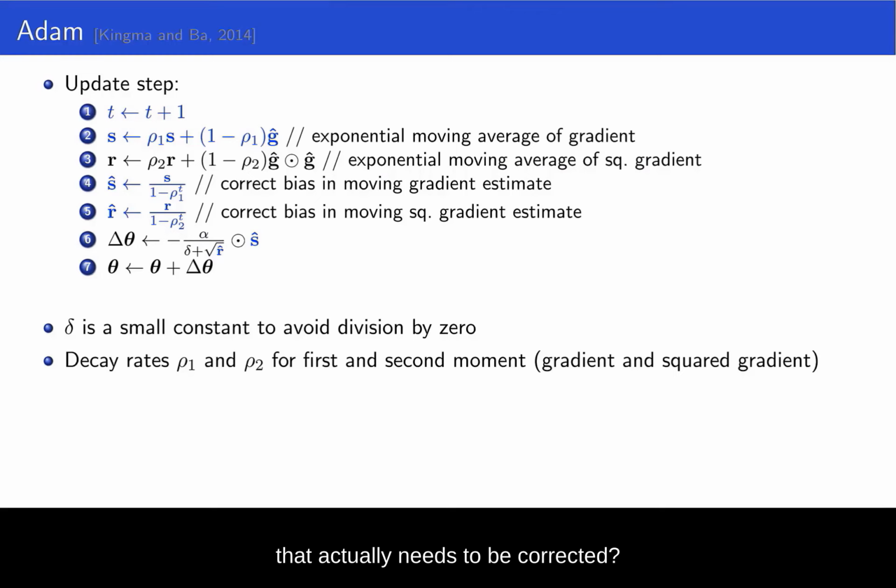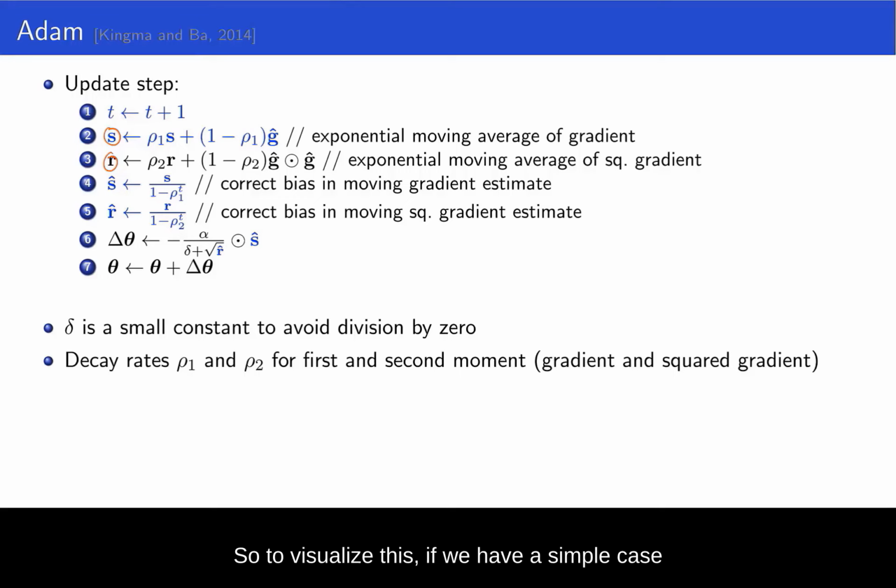So what do we mean by the term bias here that actually needs to be corrected? This refers to the fact that these vectors S and R are actually initialized to 0, and they take quite a while until they actually catch up to the true values of the average gradient or the average of the squared gradient.